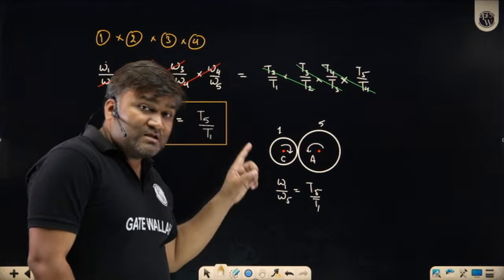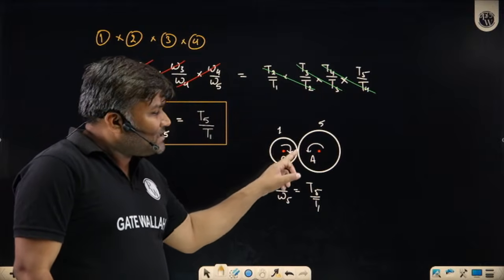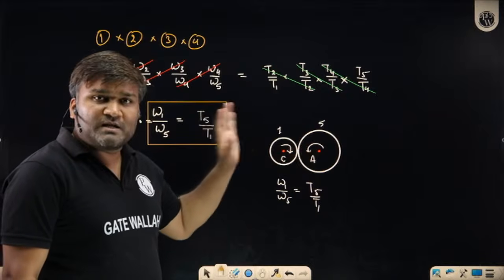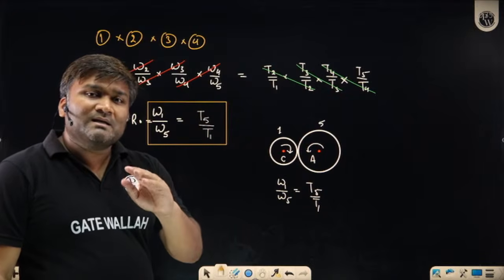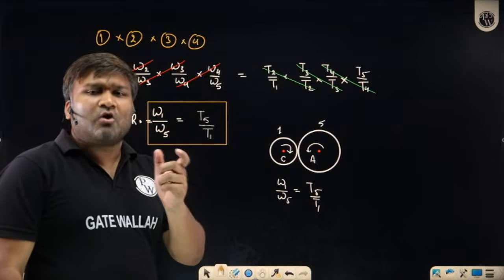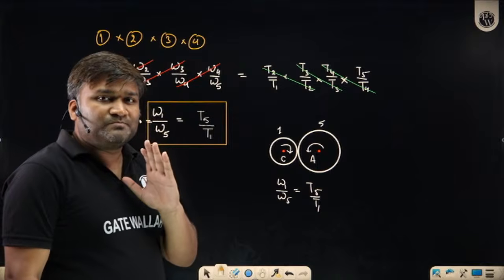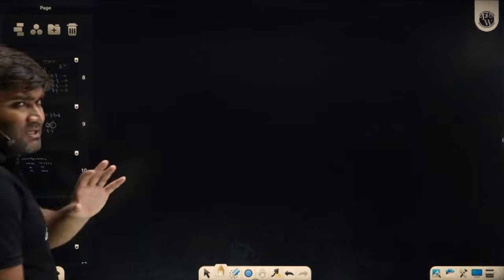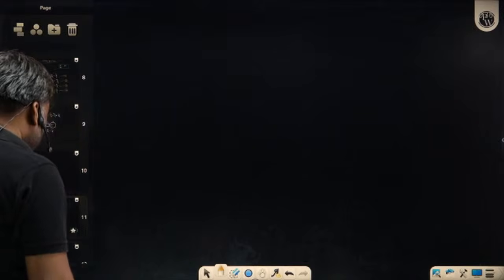But in a simple gear train, you can even change the direction of gear 5. You can make it rotate in the clockwise direction. How? By playing with the number of idlers. Even numbers, odd numbers, you can play with the direction. Is that clear? So this is a good feature of this simple gear train.